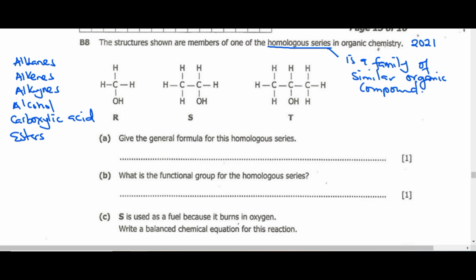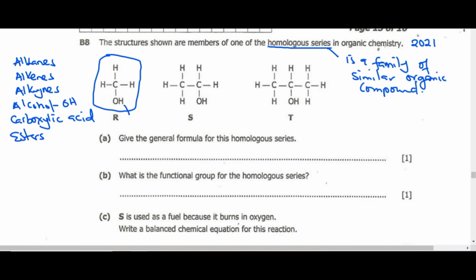The formulas that we have to understand start with identifying the elements given. This is a compound, and this is another compound, and then we have these different compounds here. Looking at the general formulas, alcohol ends with OH.